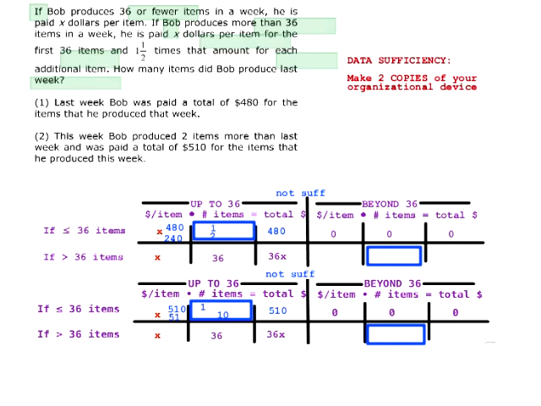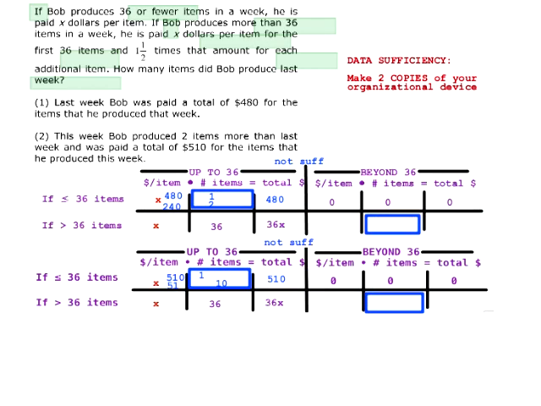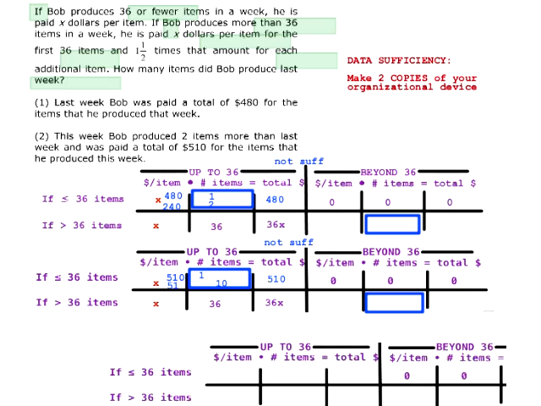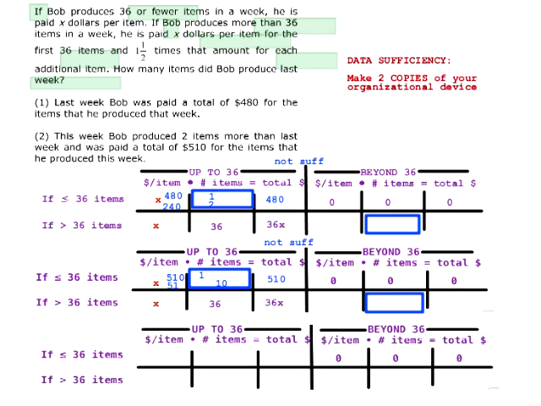All right. The highlights are off, but that's okay. What do we know? If we get the two statements together, here's the chart again. Look at that being 480 and that being 510.